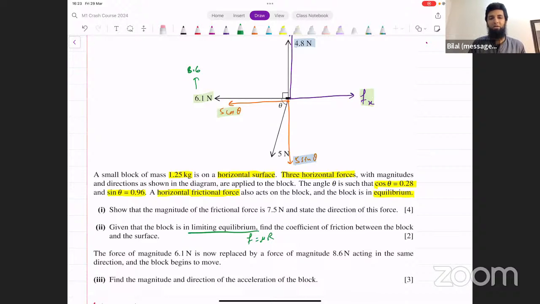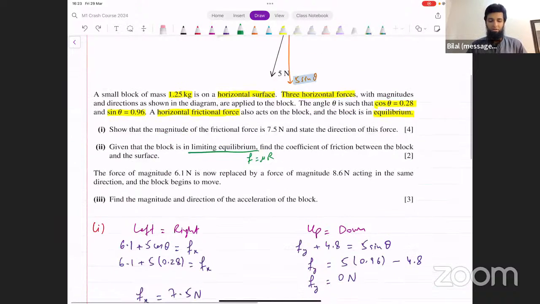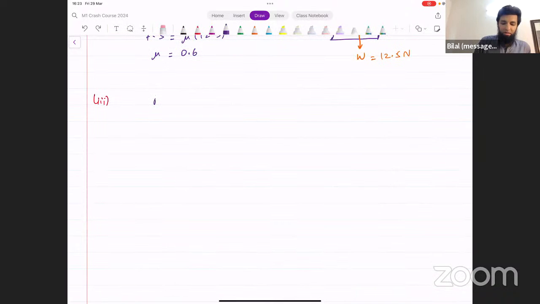What is going to be the resultant force? The resultant force earlier was 0 because the object was in equilibrium. On the left side, now you have changed the 6.1 force to 8.6 Newton instead. That means the left force has increased by 2.5 Newton. So what is the resultant force going to be?